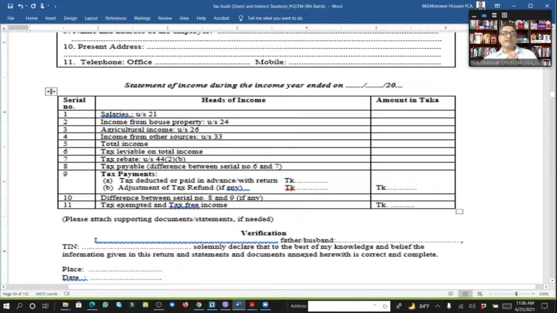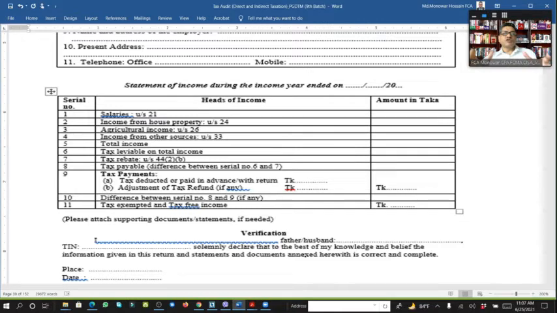As a salaried person, they can have another income. For example, I am a salaried person, but I also have a house. We are earning money from the income of that house property, so it is also a part of house property income. Also, I am investing in the capital market, so there is another income. So all can be accumulated with that.